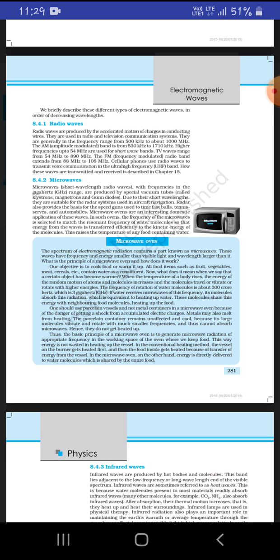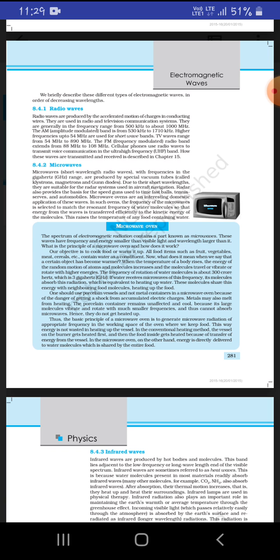Next are microwaves. I have explained about them in the 15th chapter. Microwaves are short wavelength radio waves with frequencies in the gigahertz (GHz) range, produced in special vacuum tubes called magnetrons and other devices.